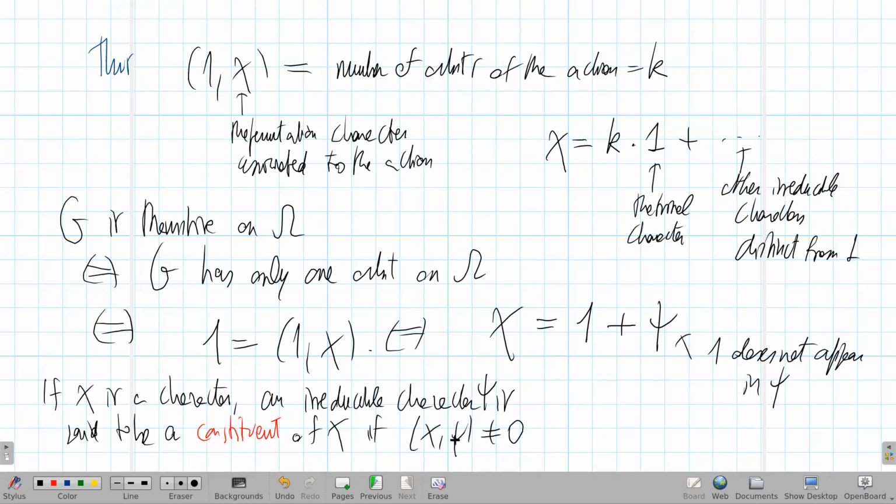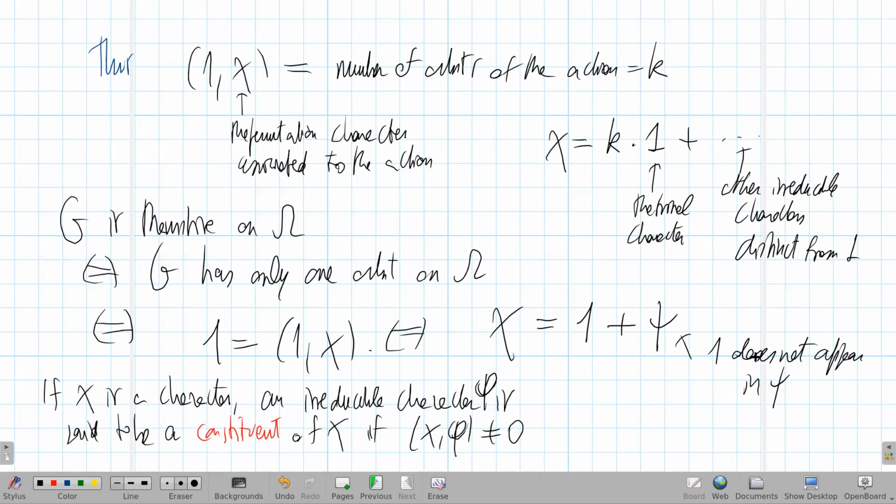That is, if psi appears in the decomposition. Well, let's use phi because otherwise it clashes with this. An irreducible character phi is said to be a constituent of chi if the inner product is different from 0, which means that phi appears in the decomposition of chi as a sum of irreducible characters.